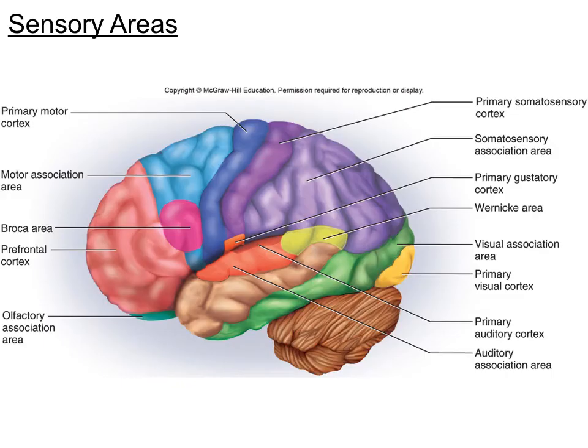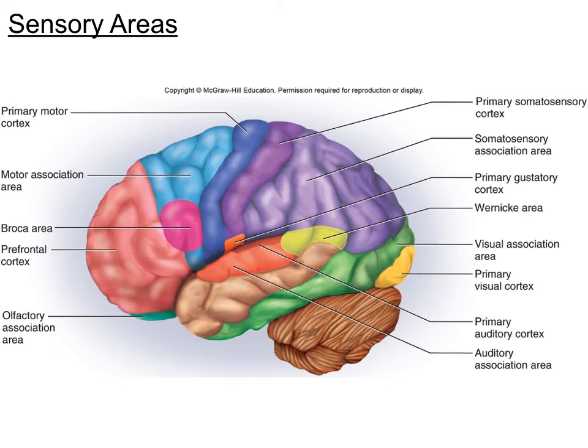Now, you need to ask yourself, if the primary somatosensory cortex gives you the awareness of your somatic senses and the spatial discrimination, what would happen if this area became damaged? What if you had a patient come in and they had a stroke that severely damaged your right primary somatosensory cortex?